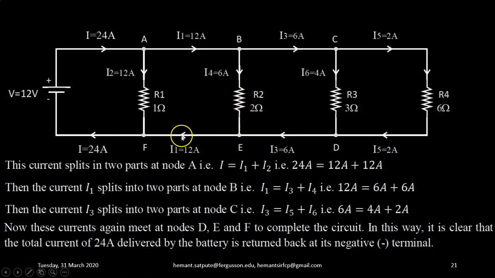So a total of 12 ampere of current is going from node E to node F. At node F, 12 ampere is coming in, 12 ampere from R1 is coming in, and a total of 24 ampere is going out of node F and returning to the battery of 12 volt. Hence the total supplied current is equal to the total returned current.